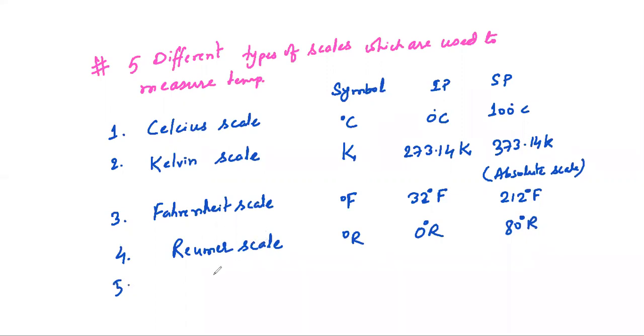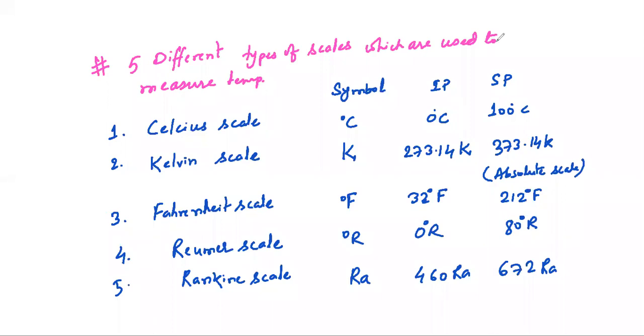And the last one is the Rankine scale, which also we don't use so much now, right? Its unit is RA. For this, the ice point is 460 Rankine, and the steam point is 672. Right. So please note down this, all of you.